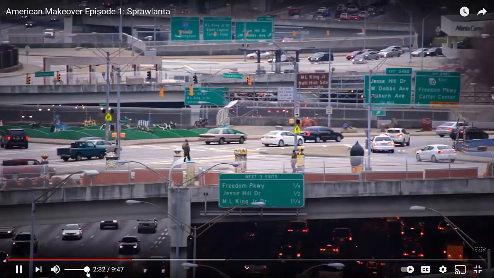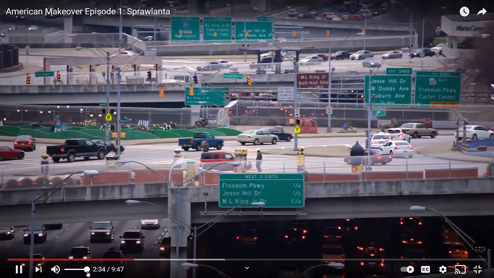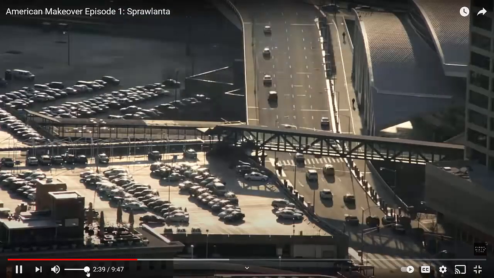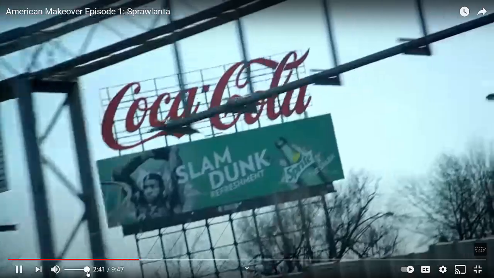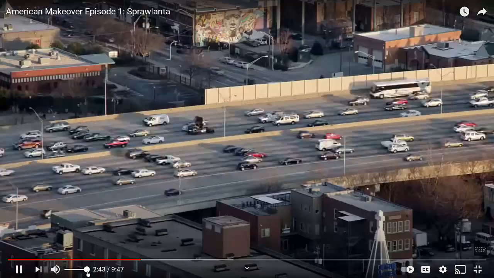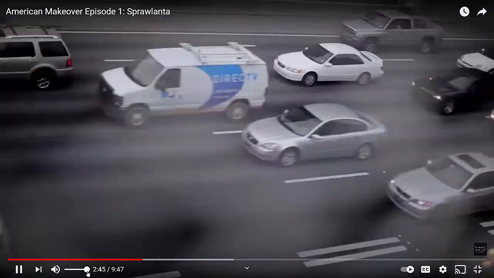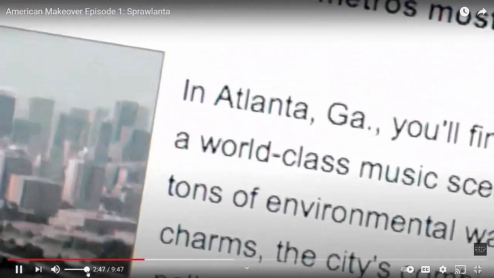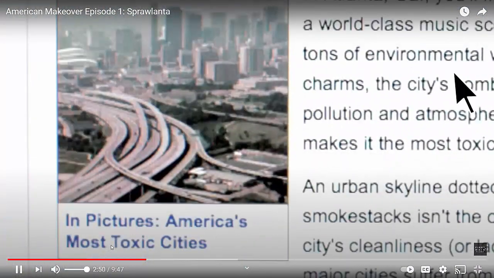Atlantans every day drive the distance cumulatively that would take us to the sun and partway back. Every single day. All of those cars burning lots of gasoline generate lots of pollution. As a matter of fact, in 2009, Forbes magazine rated Atlanta the most toxic city in the country.